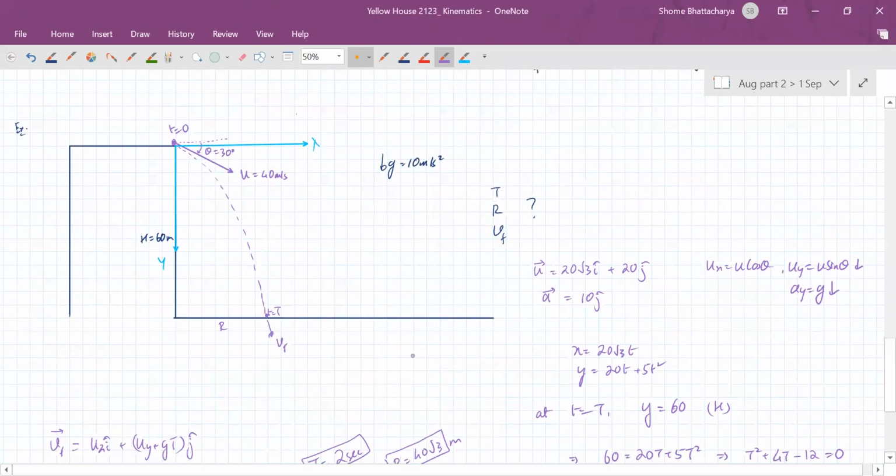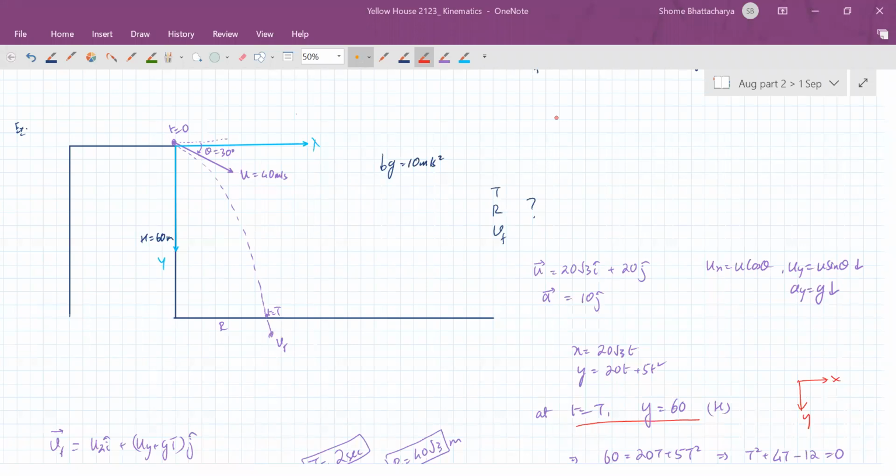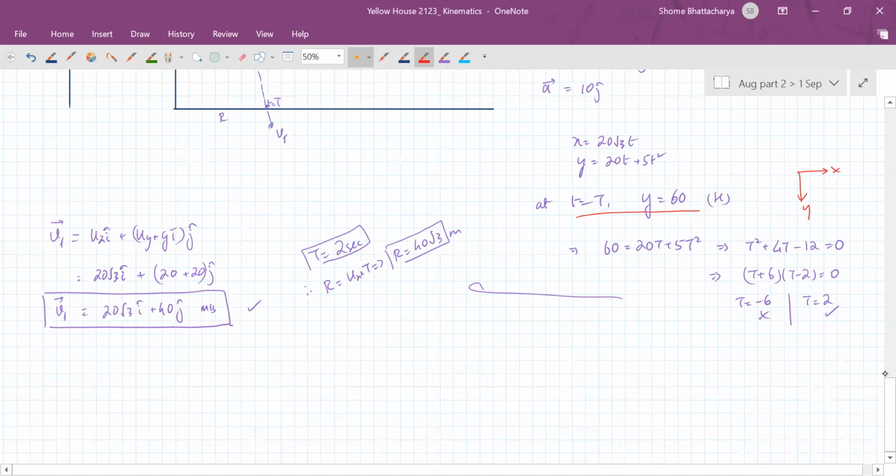So we will write the y coordinate at this point as plus h, not minus h. Okay, so people, hope this question is fully clear.